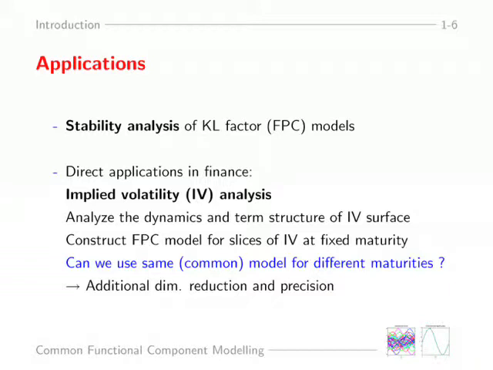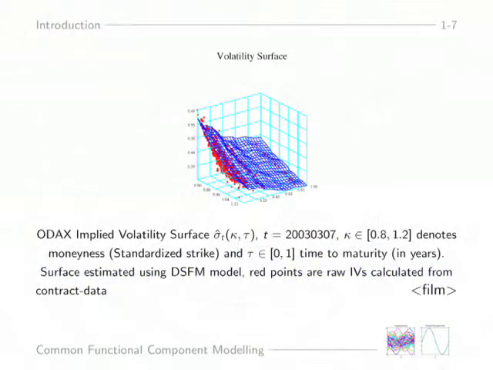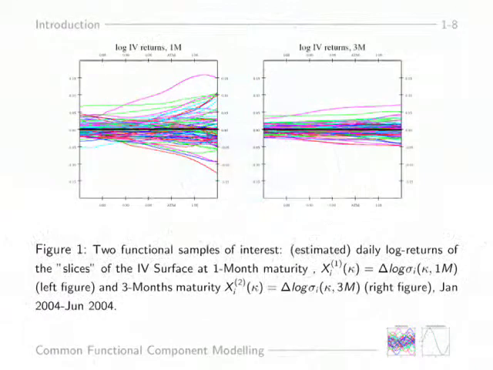So there was an application in finance, and what we essentially look at here, we have implied volatility functions for different maturities. So these are the surfaces, and the two samples we consider are essentially the log returns of the alpha surface for 1 month maturity and 3 month maturity. So these are two different samples we consider here.